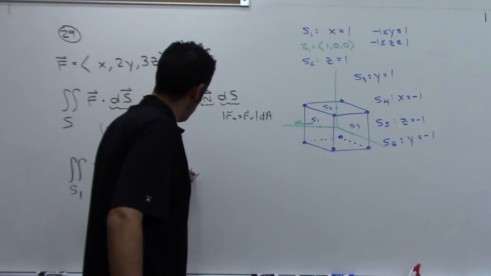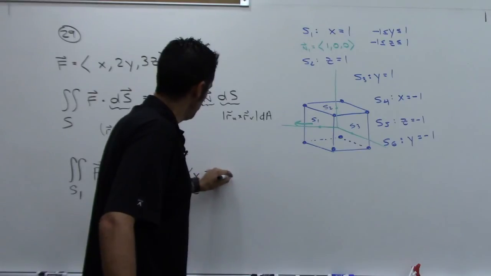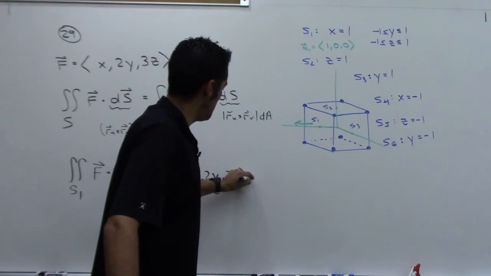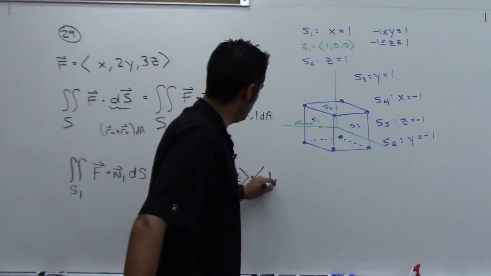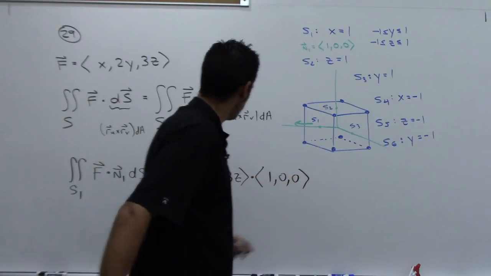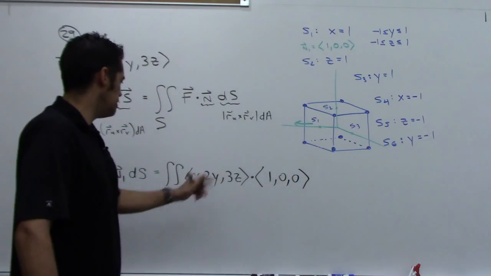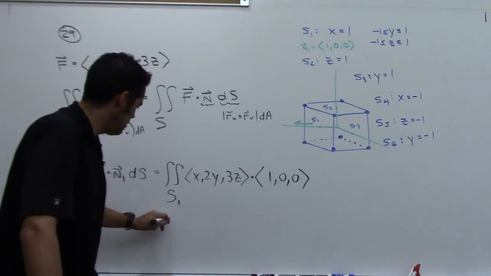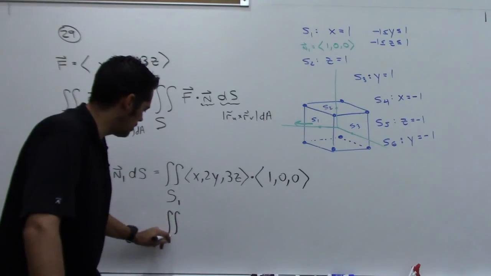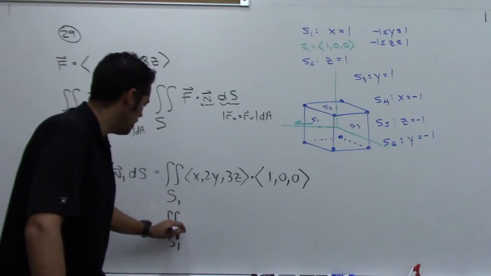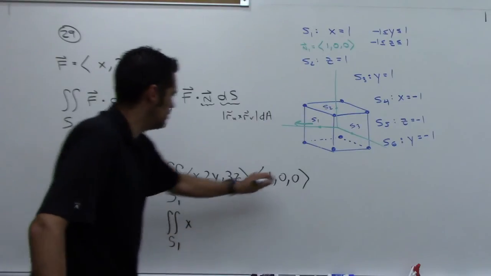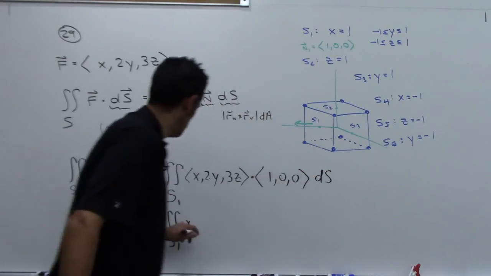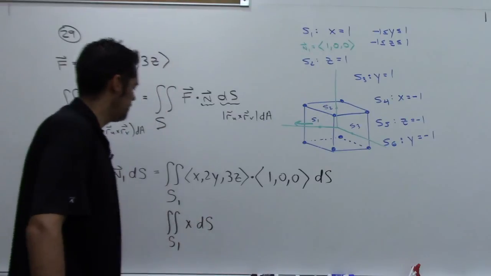So I'm taking x, 2y, 3z, and I'm dotting it with 1, 0, 0, which just gives me x, over S1. So I've got the double integral over S1 of x dS.